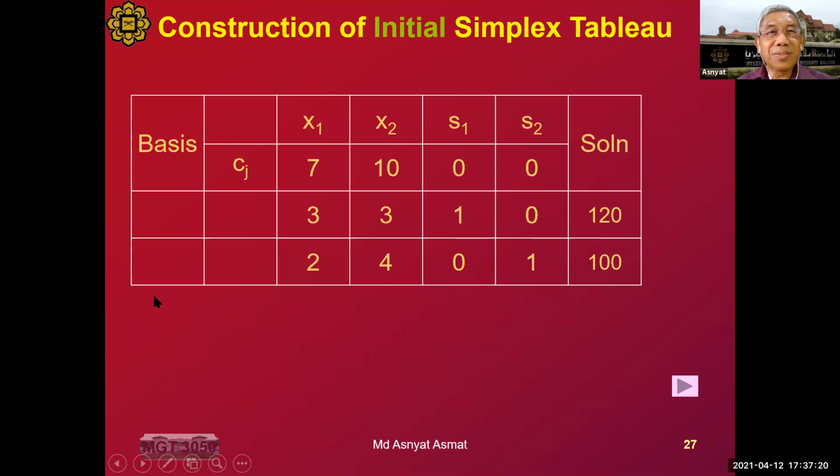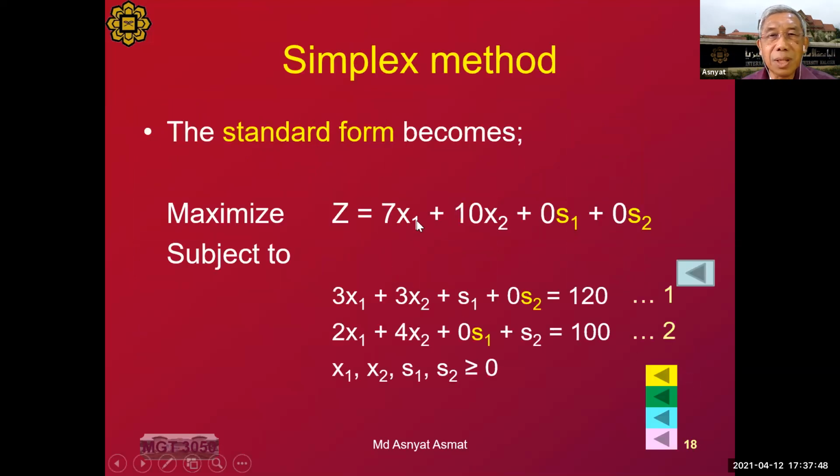Okay, this is the initial tableau that we have set. Take note, on the left hand side, basis column. On the right hand side, solution column. At the top, x1, x2, s1, s2. Okay, let's look back at our equation, at our standard form. x1, x2, s1, s2.